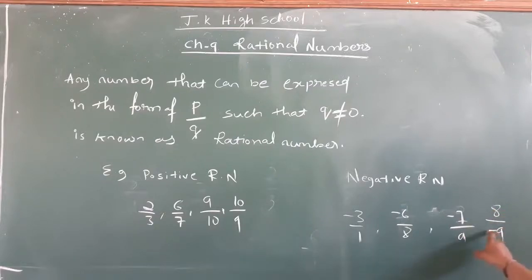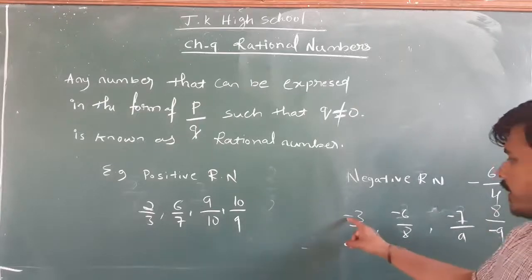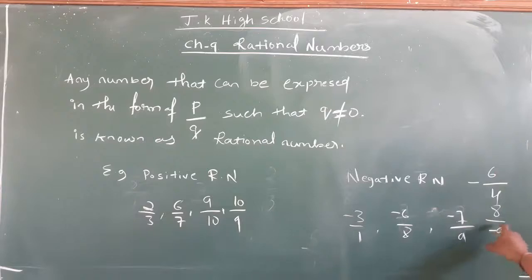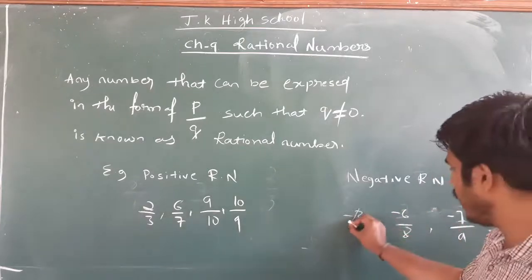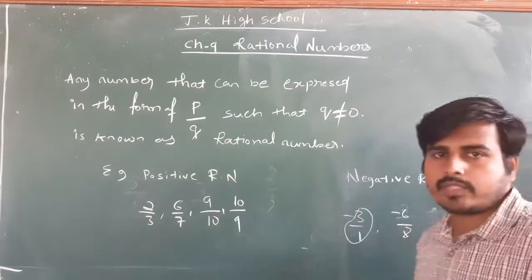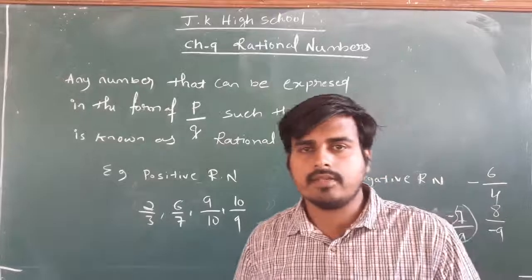It is also possible. Or you can write it in the middle also, like 6 by minus 4. Wherever you write this minus symbol, whether in the numerator, in the denominator, or in the middle, it shows that the whole fraction is negative, irrespective of where the sign is written.